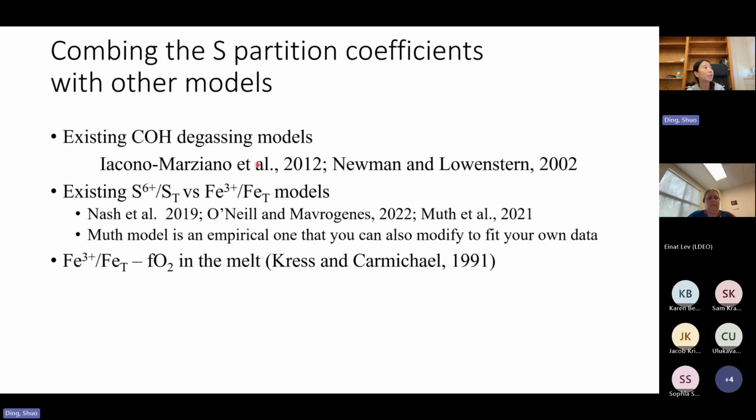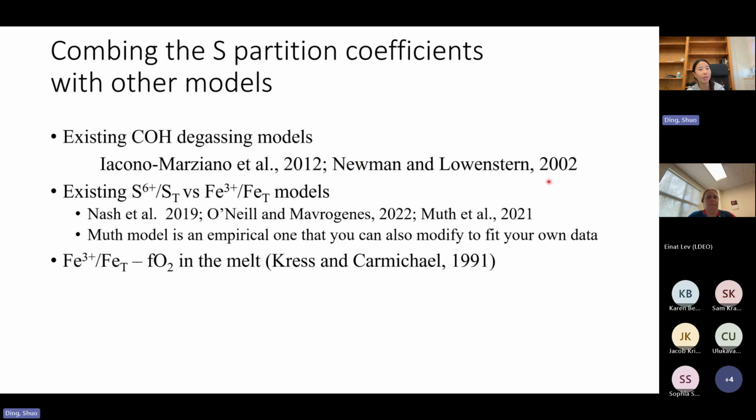Okay, that's only the sulfur behavior part. In SulfurX, we combine this with the existing CO2-water degassing models. As I mentioned, there are several, and here we provide two options. I generally recommend this first one because it is calibrated over a wider pressure range.